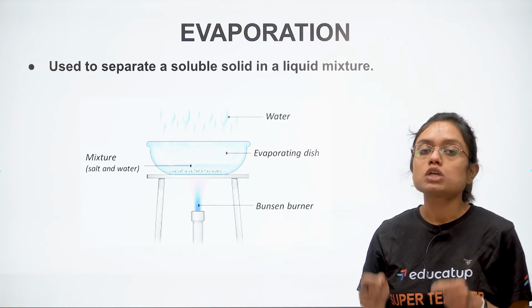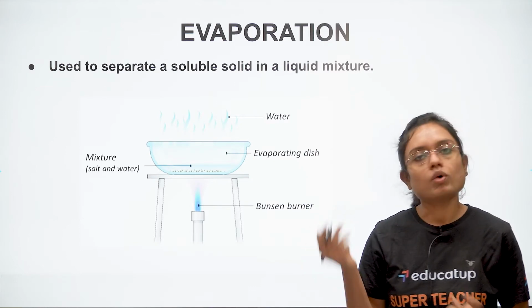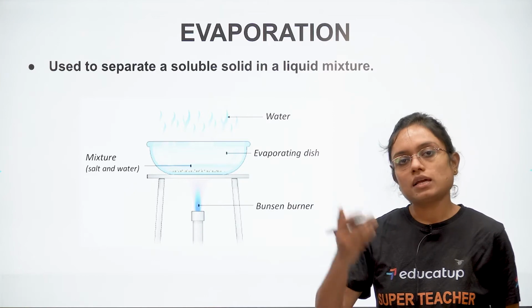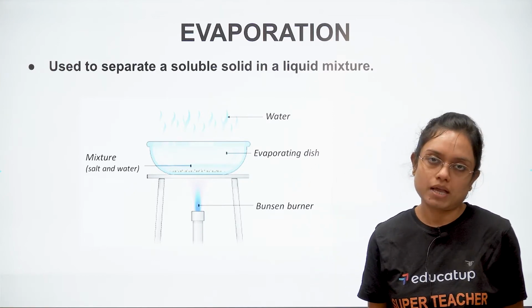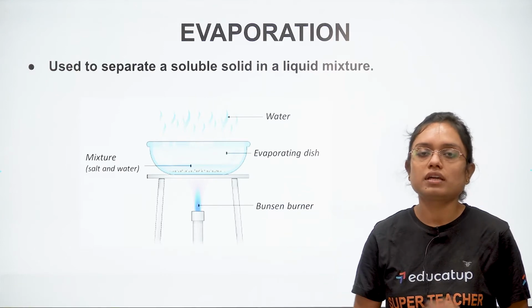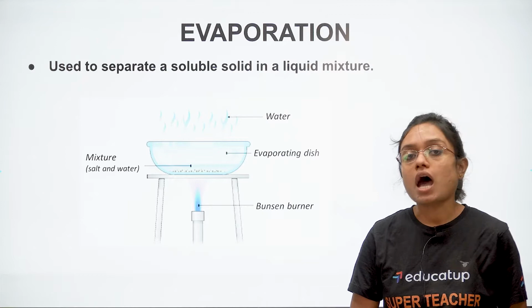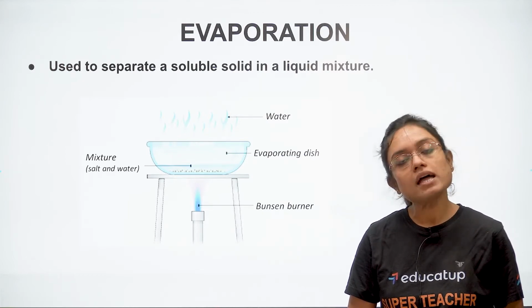So basically to separate the soluble substance, this method is used. Whatever mixture you have to separate, heat it up, the liquid part will evaporate and the solid part or the residue will remain behind. I'm again telling you, this kind of evaporation is done to separate mixtures of soluble substances, that means substances which are soluble in liquid.